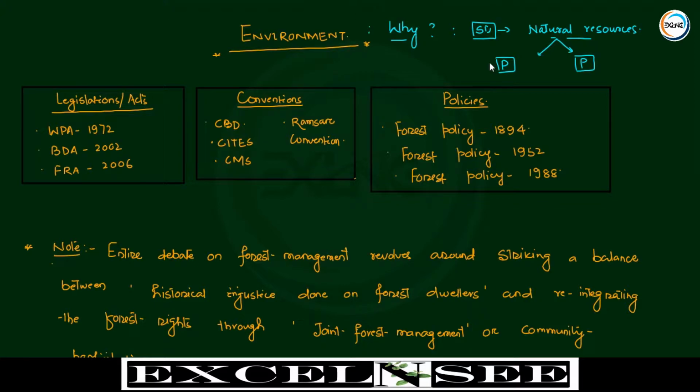This is the basic theme of the Brundtland report, which actually defines sustainable development. So forest, biodiversity, environment, these are the potential resources.